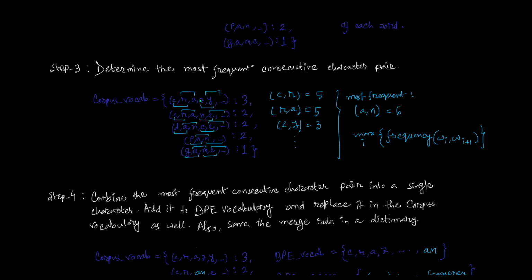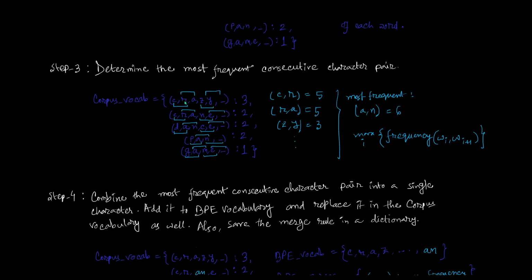You see, in crazy CR, in crane CR, but nowhere in the other words. Crazy has occurred three times in our corpus and crane has occurred two times. So in total CR has occurred three plus two, so five times.